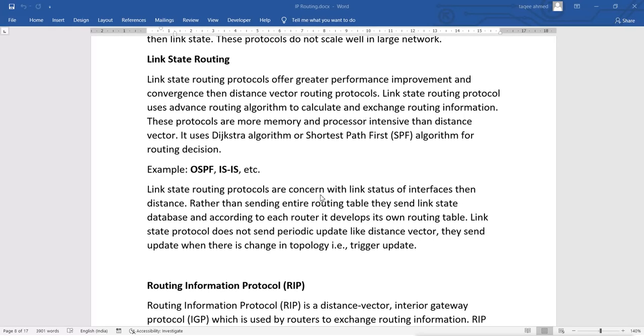Rather than sending the entire routing table, they send a link state database, and each router develops its own routing table. And link state protocol does not send periodic updates like distance vector. They send an update when there is a change in the network, that is a triggered update.